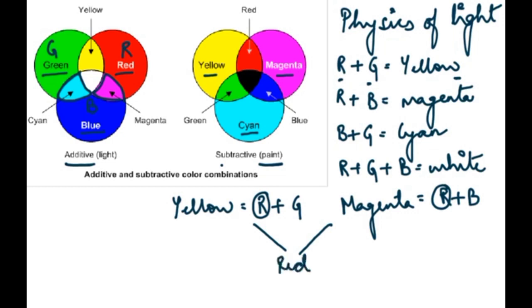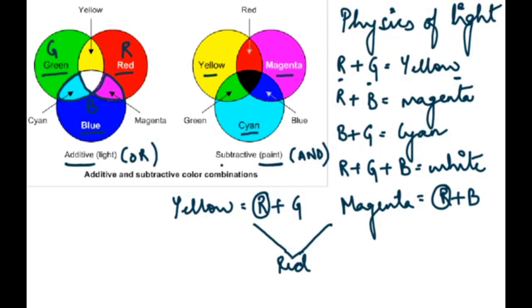So if we are adding yellow and magenta paints, we are getting red. One thing you can observe here is, here we are having OR operation, and here we are having AND operation. AND operation means common to both, only that will come in the result. OR operation means even if you are having one color and you are having another color, both will come in the result.